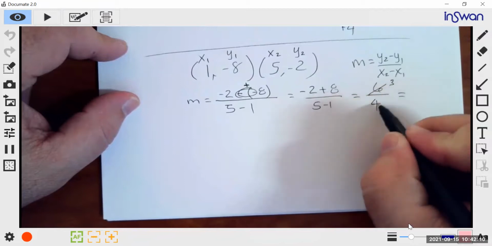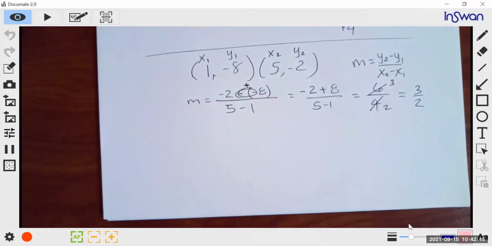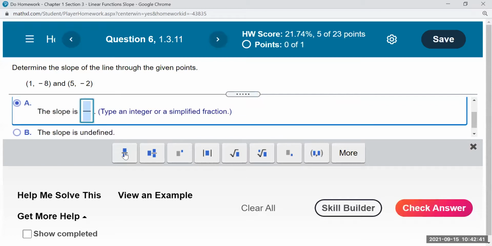They simplify. 2 goes into both of them. The answer is 3 over 2. So the slope is 3 over 2.